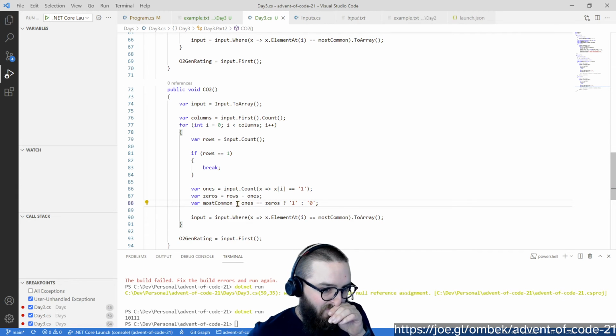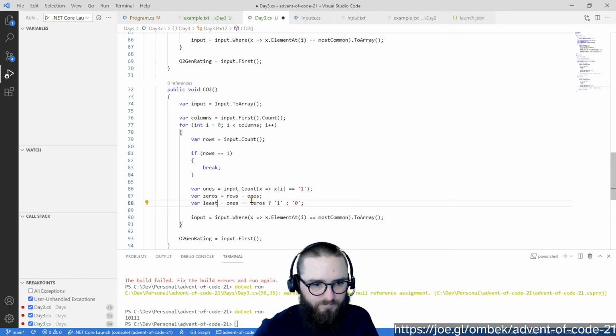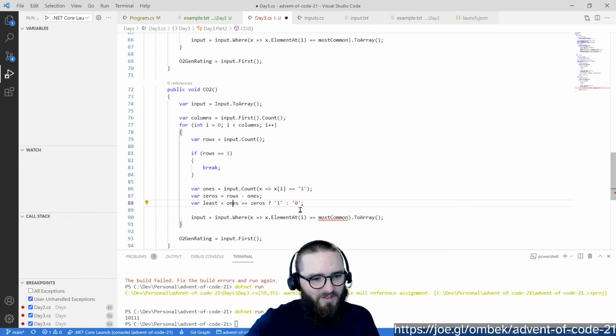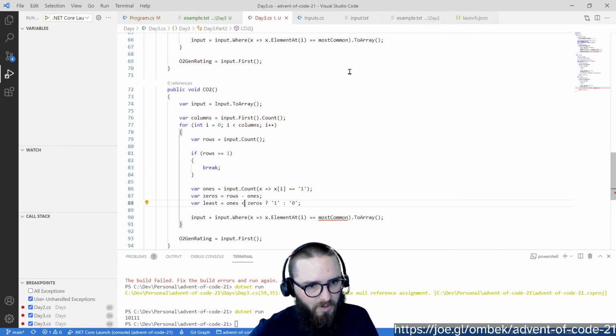And I want to take the least common. I didn't mean to make that equals at all. So the less common one is ones are less than zeros. And if there's an equal number, I want to take the 0.